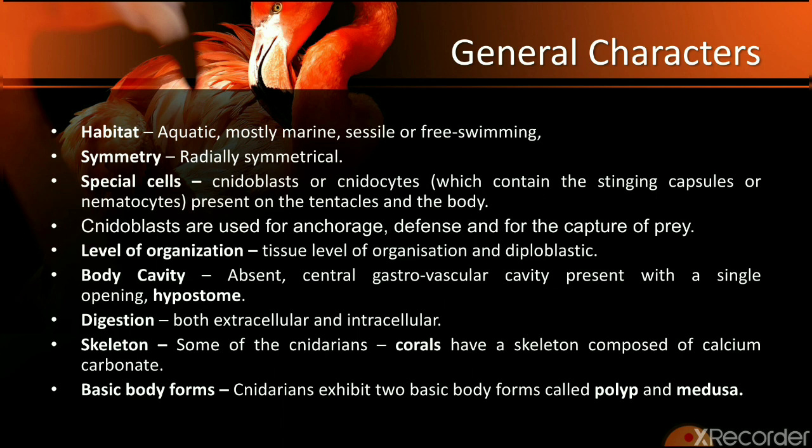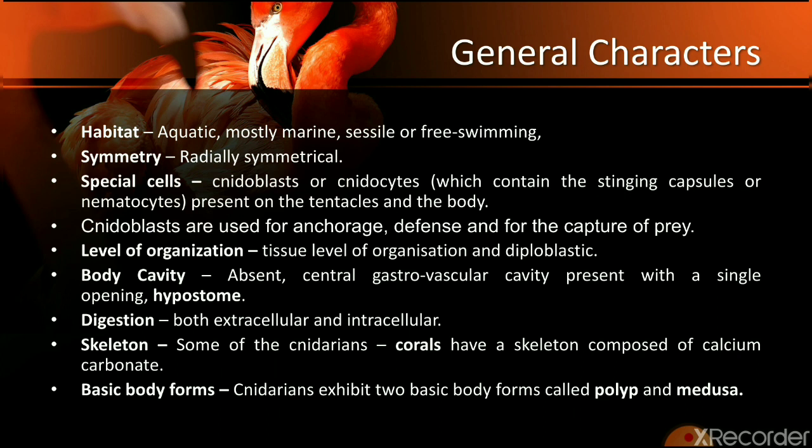Coelenterates are aquatic, mostly marine. They may be sessile or free swimming. Generally, they show a radially symmetrical body, but larvae are again bilaterally symmetrical.